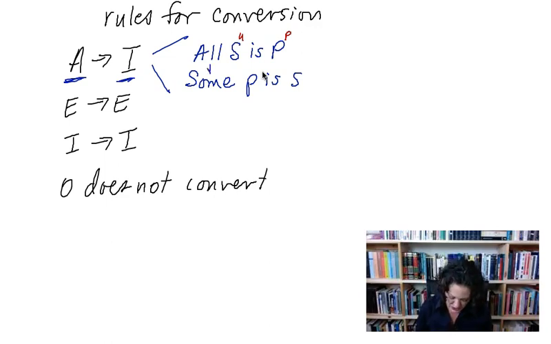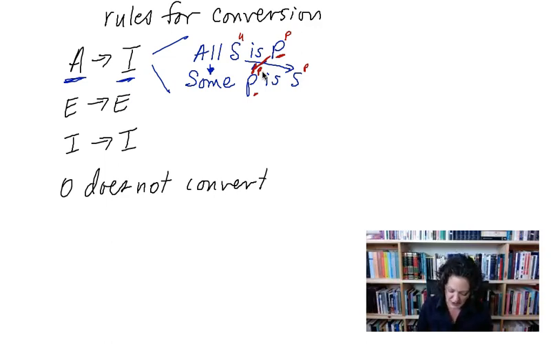Okay, so the A statement is changing to an I statement. The all changes to some, and the S and P terms are now switched. And it's because this is P. So when we do this move, we keep that P term particular, okay? That's going to be important. We can't go from a particular to a universal.